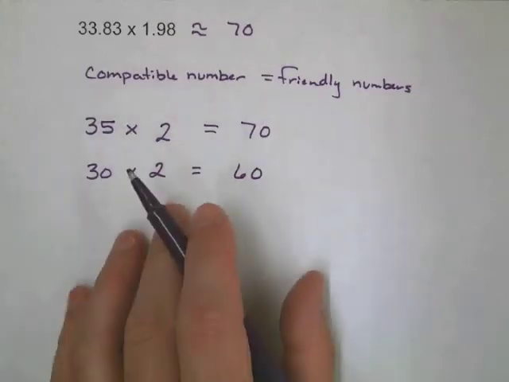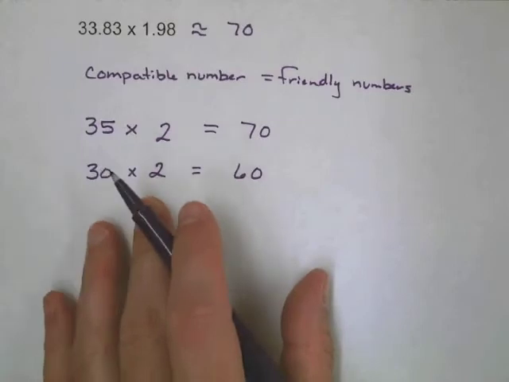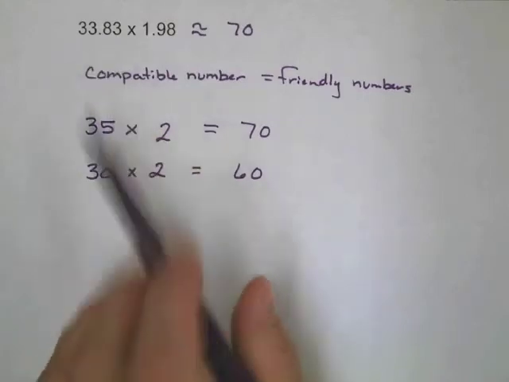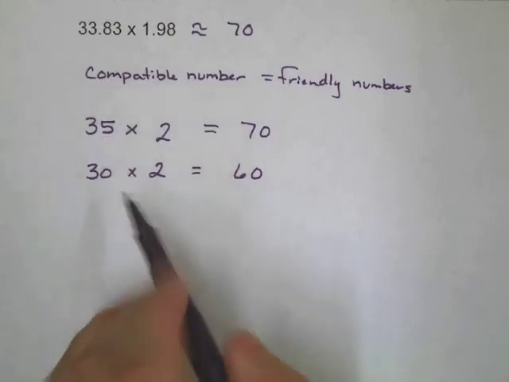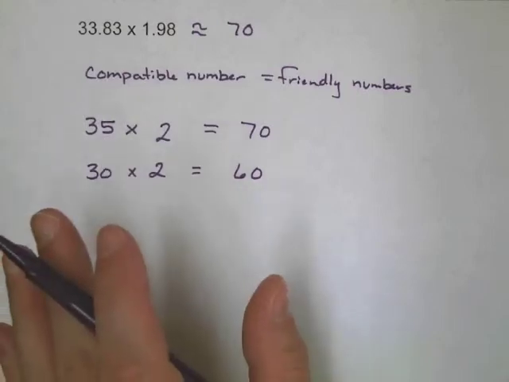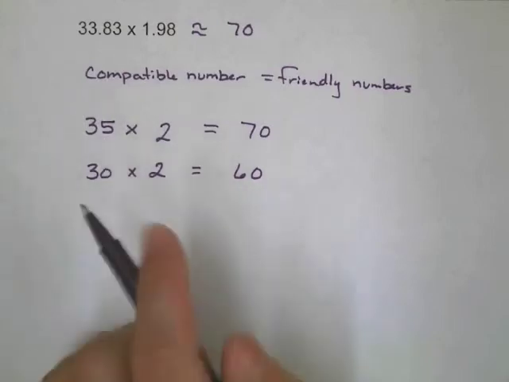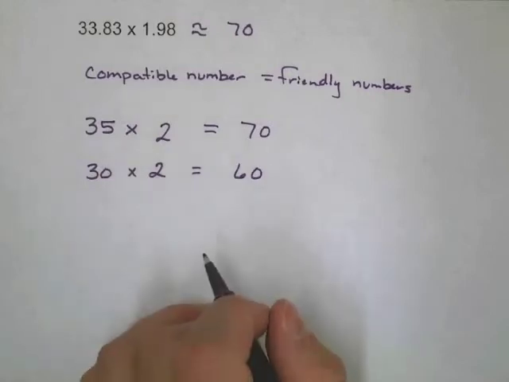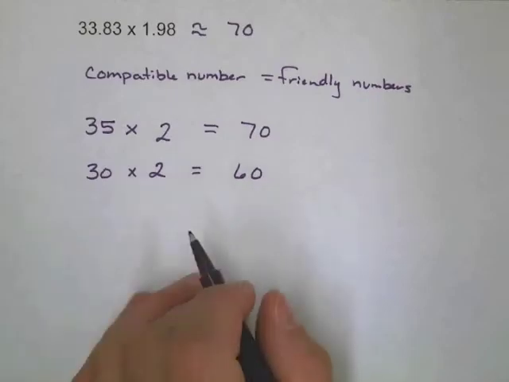When you're rounding things off, remember, the further you round, the larger the place value you're rounding up to or down to, the further you're moving away from your exact answer. And so we know here we're probably somewhere between 60 and 70, and that may be good enough.